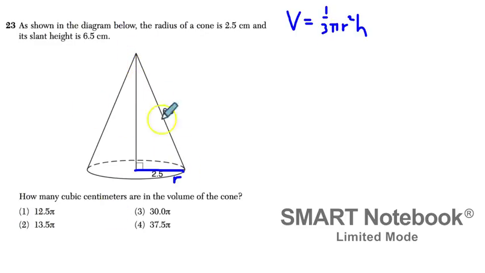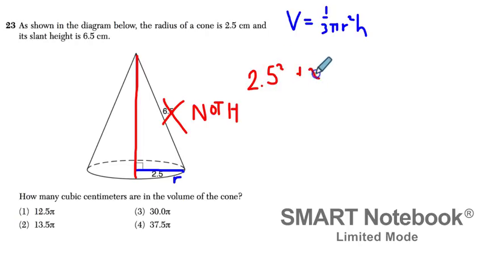This 6.5 is not perpendicular to my base, so that is not my height. My height is this, right there. So I'm going to have to use the Pythagorean theorem to find it. 2.5 squared plus x squared is equal to 6.5 squared.